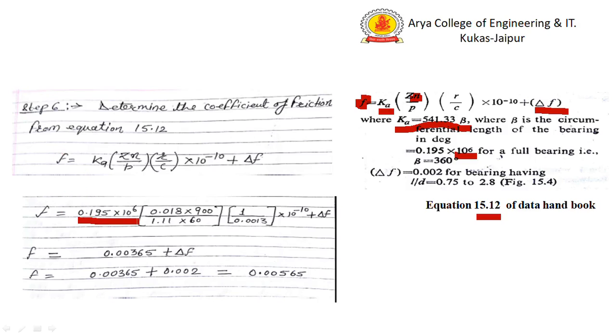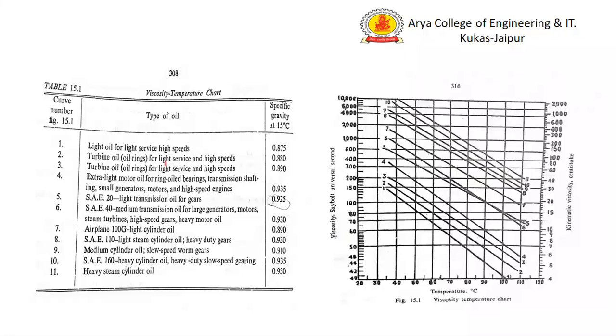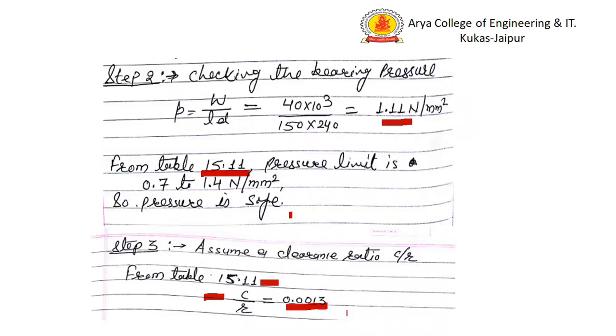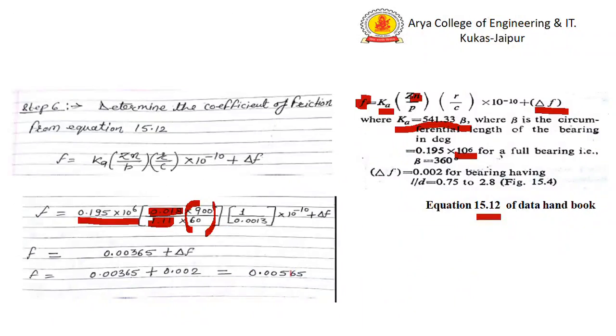We put these values in the equation. Z is known, n is RPS, the given value is 900 rpm, so we divide this value by 60. Pressure is 1.11. For R by C, in step number 3 we assumed that C by R is 0.0013, so R by C is 1 upon 0.0013.